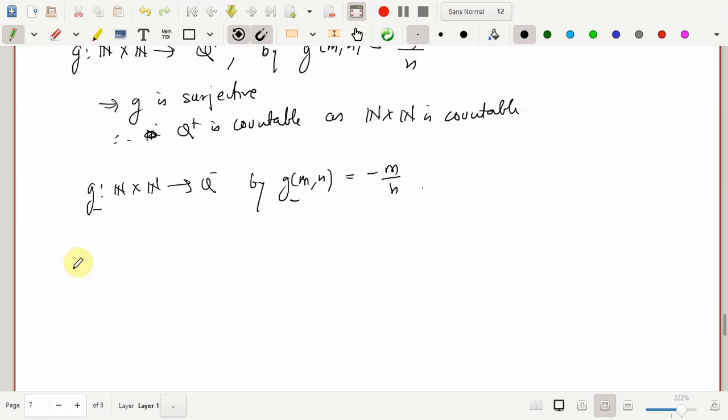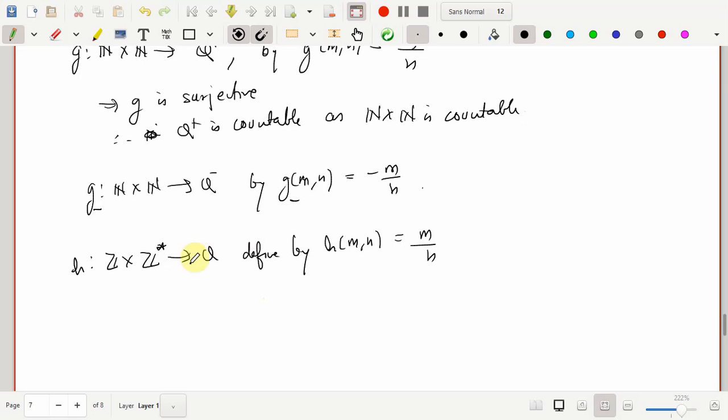So I'll take h defined from Z cross Z star, where Z star means the set of integers except 0, to Q, defined by h of m comma n is m by n. n is non-zero because it is coming from the second set of the Cartesian product.